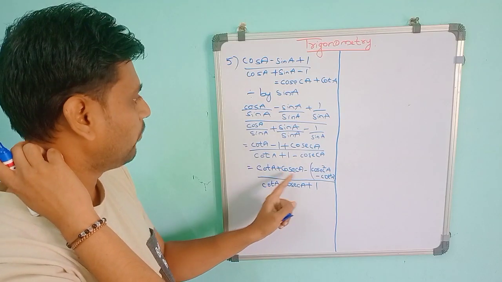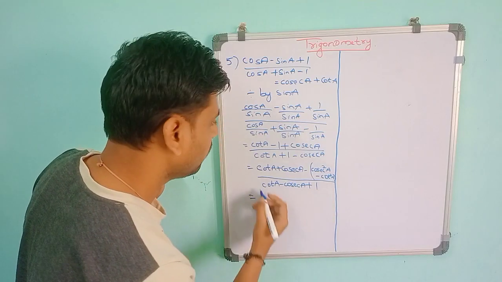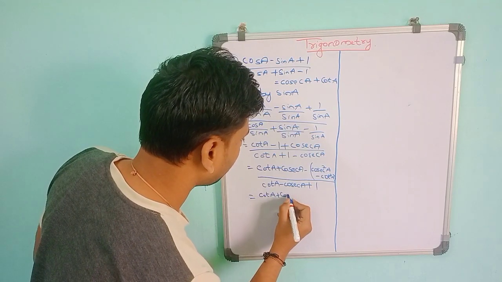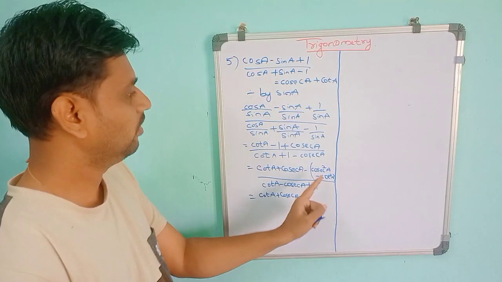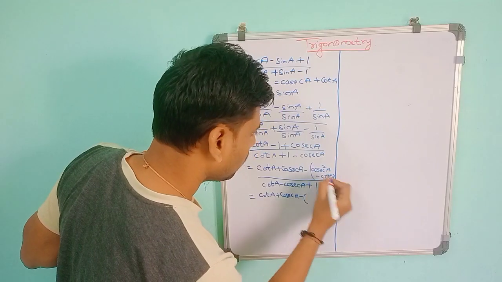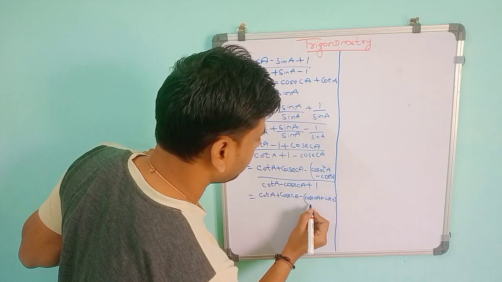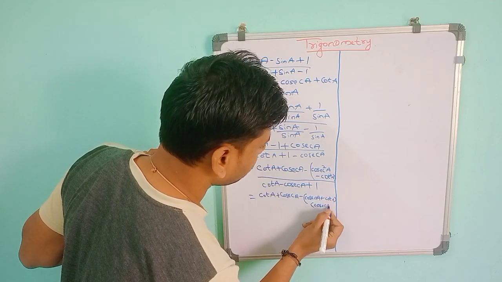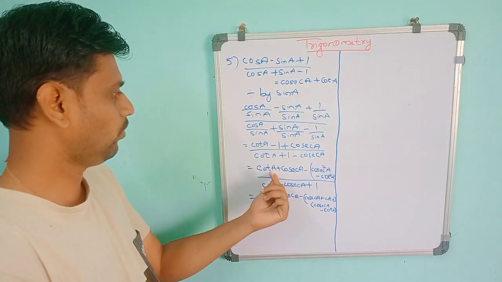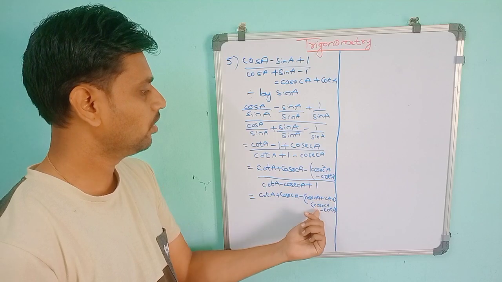So we want this answer, but for that we will try to cancel this one and this one. The denominator we keep as it is. Next, cot A plus cosec A, minus cosec square A minus cot square A. This is A square minus B square, which you can write as (A plus B)(A minus B). So cosec square A minus cot square A becomes (cosec A plus cot A)(cosec A minus cot A).